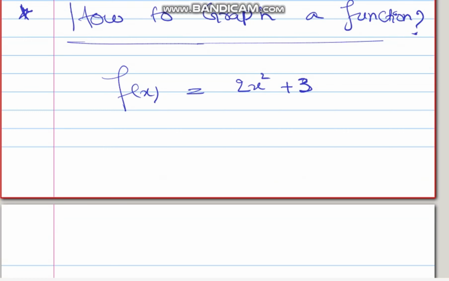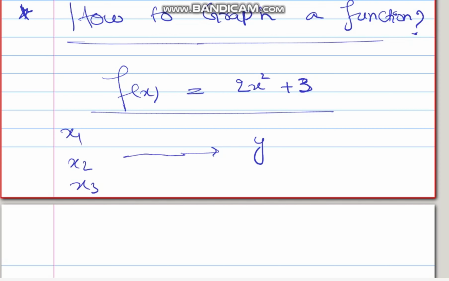In the previous lecture we found some things like this. We did something like x1, x2, x3, and we found the values. We did things like that. We have three values for x, or four values, or five values of x, or six values of input. These are called the inputs.